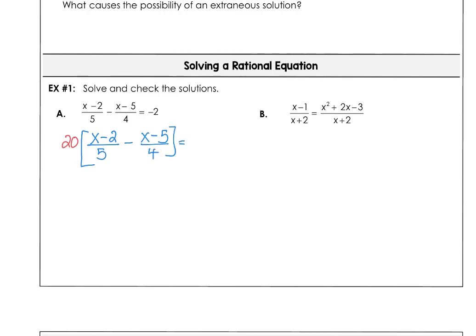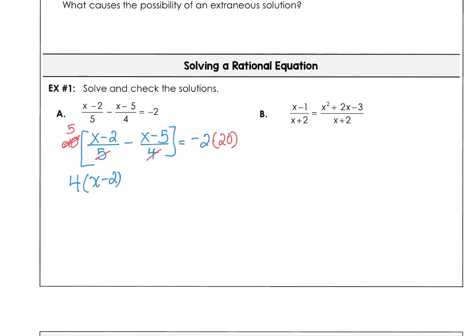So 20 is our magic number in this case. We want to multiply both sides by 20. In our first example, 5 divides 20 4 times, so we're multiplying 4 times x minus 2. And then in the second term, 4 divides 20 5 times.